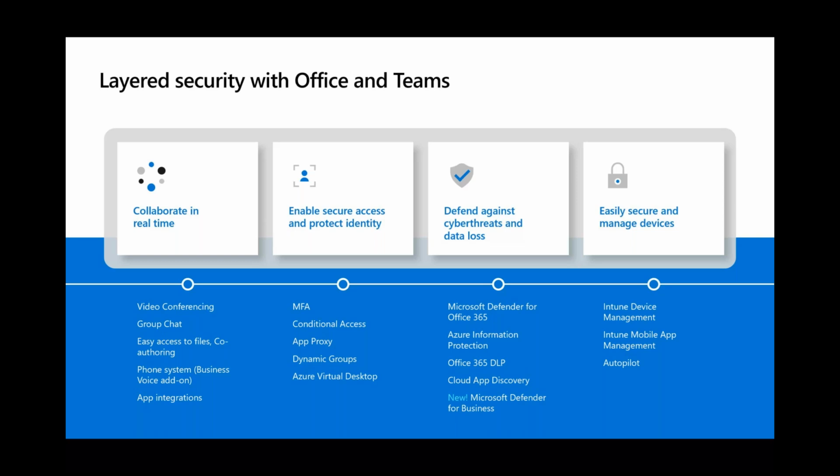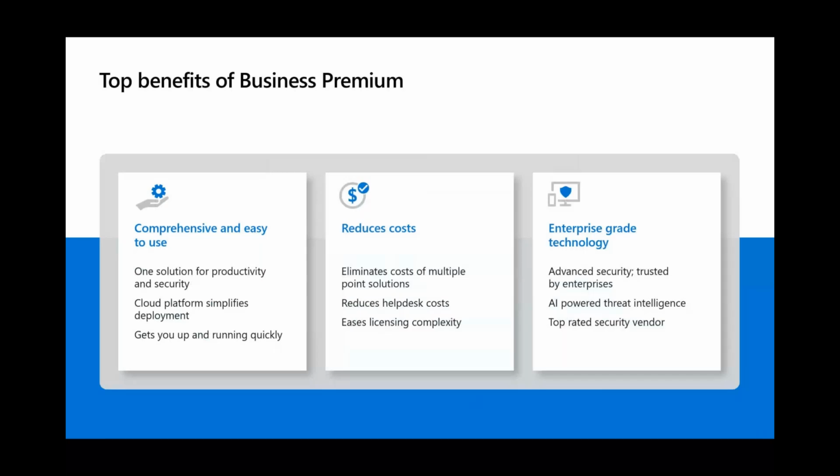So the top benefits of Business Premium: it's comprehensive and it's easy to use. So there are lots of security features bundled into Business Premium, but because it all comes under that Microsoft umbrella, there's lots of similarities in how you manage them all.